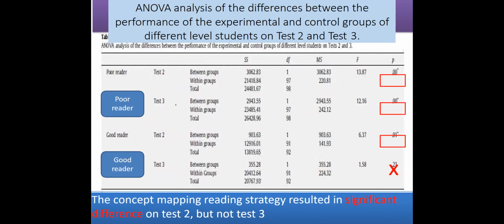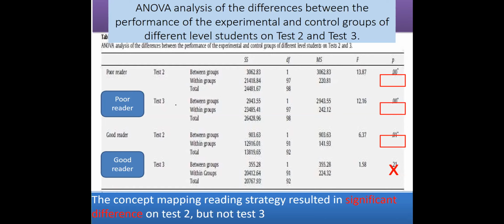So in table 3, as you can see, for the poor readers, the use of computer-assisted concept mapping reading strategies was associated with significant differences as shown on test 2 and test 3 as well.